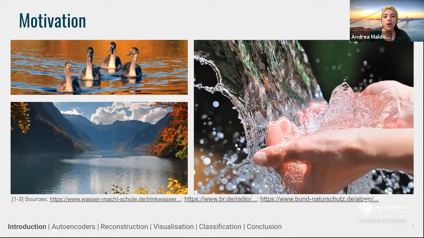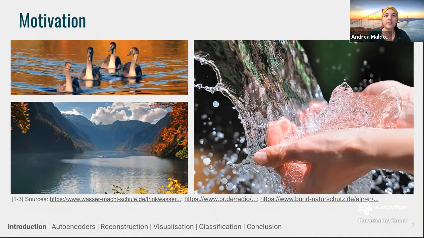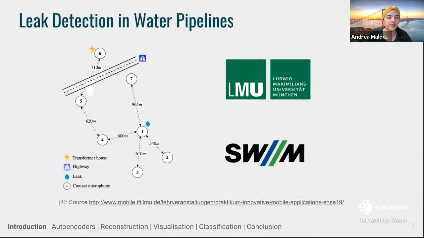Water is one of our most important resources. We need it to sustain life. As humans, we have developed very fancy ways to make water come from the source to the convenience of our homes. During this travel of water to our homes, we don't want it to get lost on the way, and therefore we want to avoid leaks.